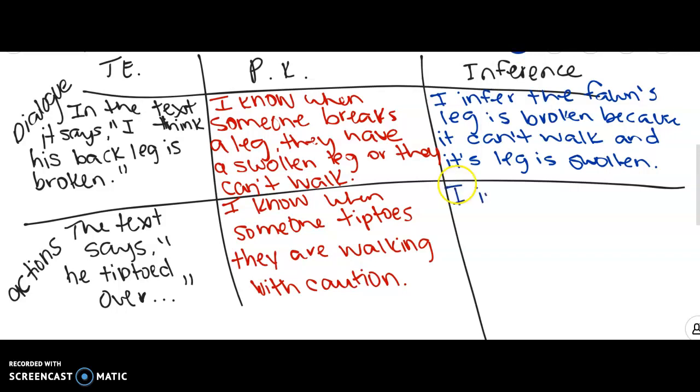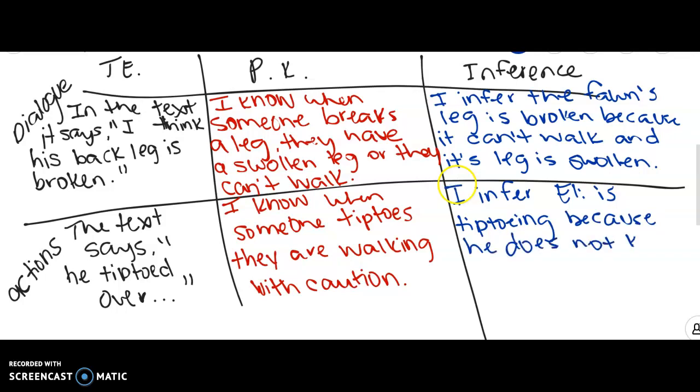So I infer Eli is tiptoeing because he does not know what is over there. So this concludes the part 1 video of drawing conclusions, and this is making inferences.